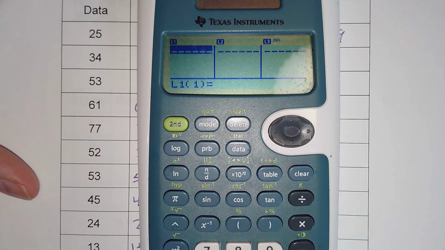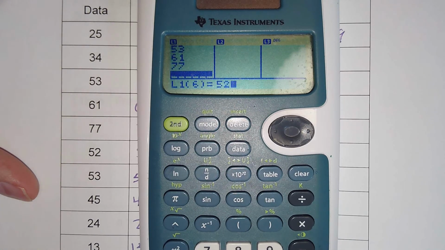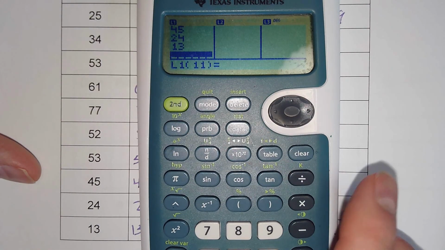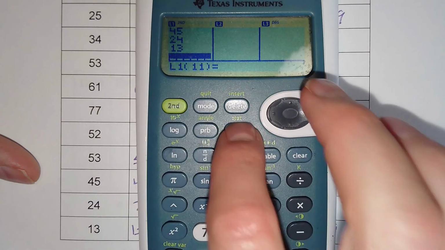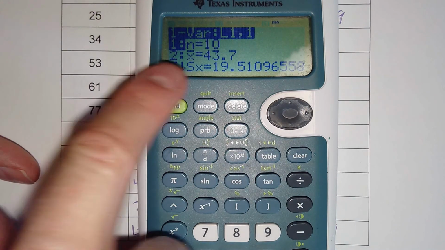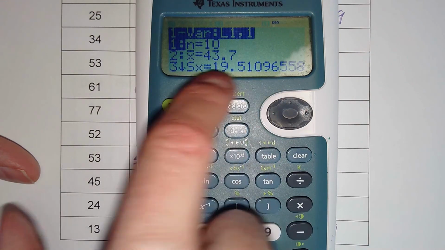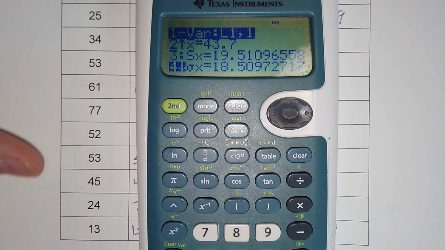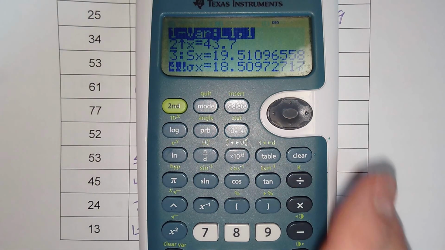So we have 25, 34, 53, 61, 77, 52, 53, 45, 24, 13. Sorry about that. And then do my second data, one variable stats, calculate. And remember, I'm not using this one here because that's if I have a sample. I'm going to be using this one here. And I'll check that out with the bottom.